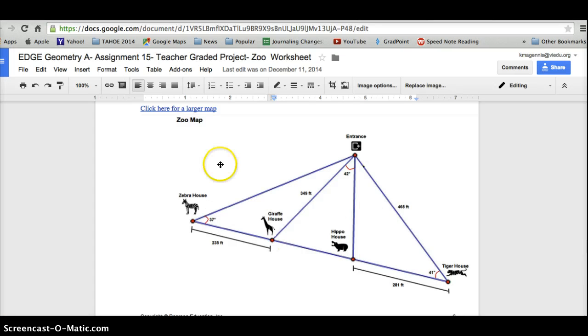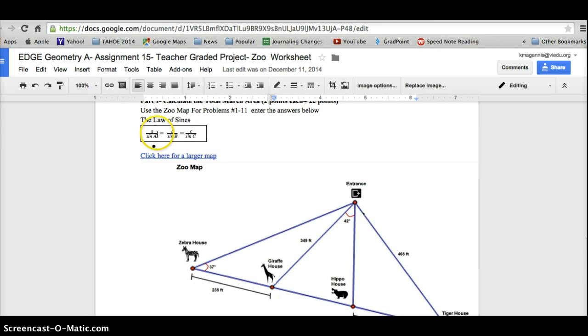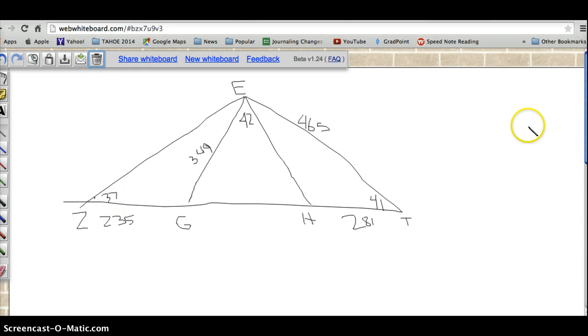So, remembering our proportion, side over the sine of the angle equals the side over the sine of the corresponding angle. So in this case, 349 over the corresponding angle, which is sine of 37, equals, I don't know this angle up here, so we're going to call that X, because we're searching for this angle ZEG.